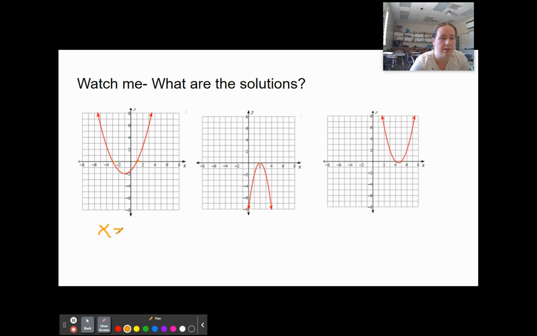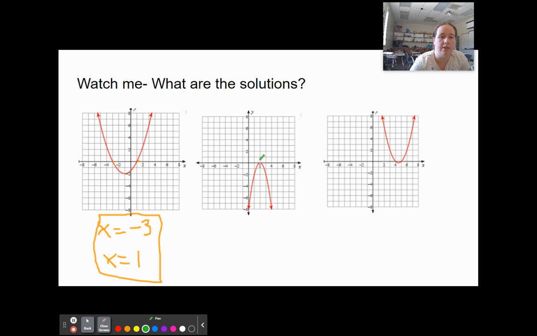Here I have x equals, the number between -2 and -4 is -3. That's my first answer, but it has 2 solutions, so I need another one. X equals, and here between 0 and 2 is 1, so x equals 1. These right here are my final answer: x equals -3, x equals 1. You need both parts.